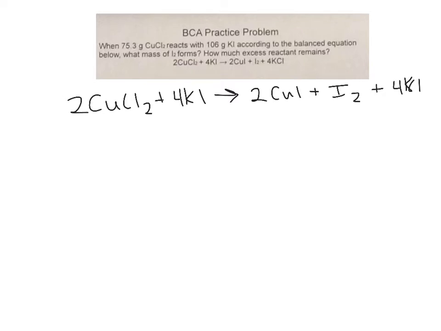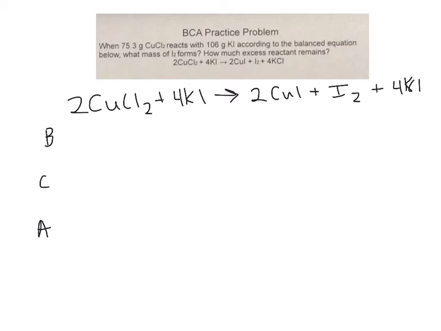And then on this side, I'm going to write a B for before, C for change, and A for after. And underneath each chemical, I'm going to include the moles. So they're telling me I have 75.3 grams of copper 2 chloride, and I will trust that you all can convert from grams to moles.